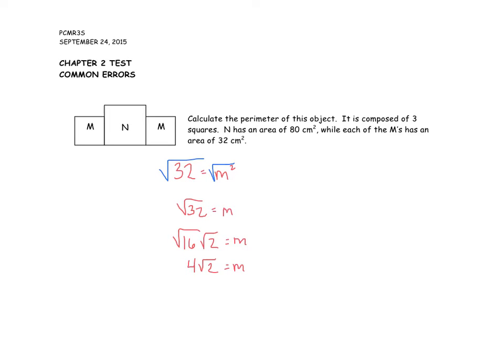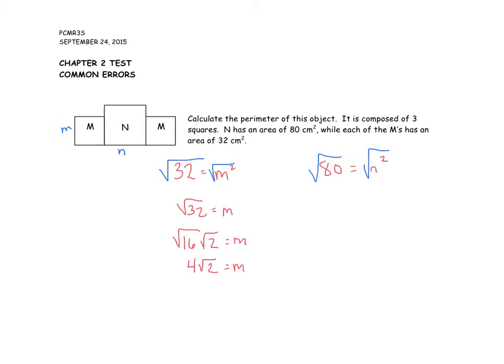All right, now I need to find the side length of n right here. So we'll do the same thing for n. So we have 80 equals n squared. Again, little n will be the length of this square, and I have already stated this side length here. And we solve this the exact same way.